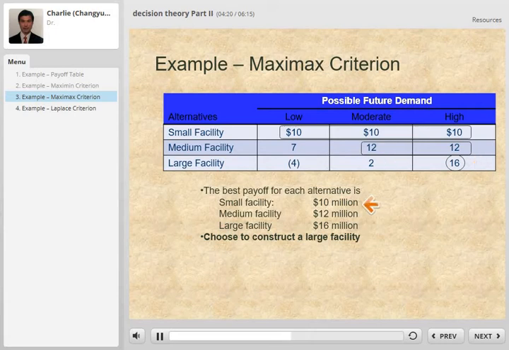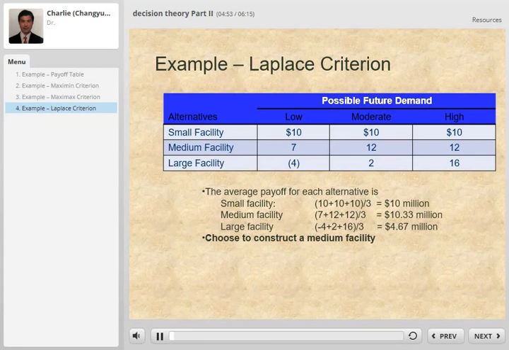The best scenario for small facility is $10 million. Best scenario for medium facility is $12 million. The best scenario for large facility is $16 million. So we choose the best out of these three, that is $16 million. So we can choose a large facility. Using this technique, we are always shooting at the best. We're very optimistic.